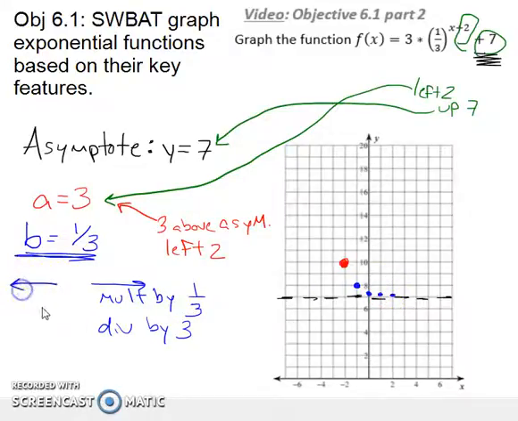Going backwards, going to the left, you divide by 1/3, and that is the same as multiplying by 3. That's usually the way I like to do it because that's easier. So 3 times 3, the next one backwards would be 9. So the next one is 9 up from the asymptote. 1, 2, 3, 4, 5, 6, 7, 8, 9. You notice I'm not actually talking about whatever the actual y value is. Everything is relative to the asymptote.